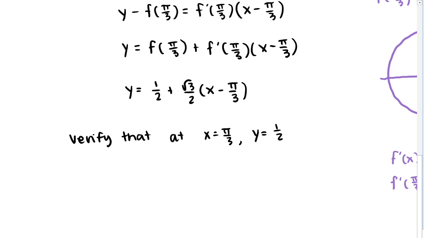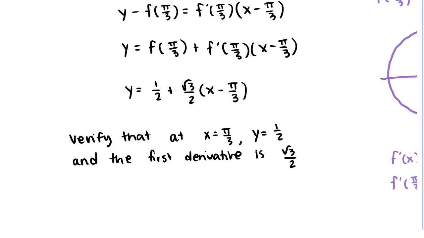And then let's also verify that the first derivative of this new approximating function is going to be identical to our original function. Right, so the square root of 3 over 2. And so if we check this first idea, verify that at this particular x value, this tangent line gives us the same y value as our original function.